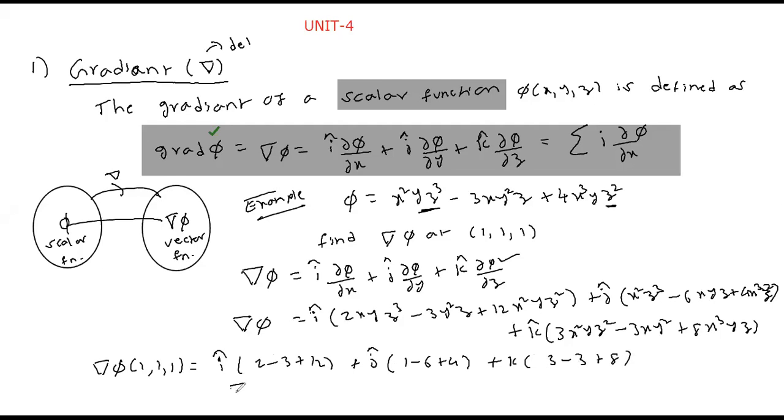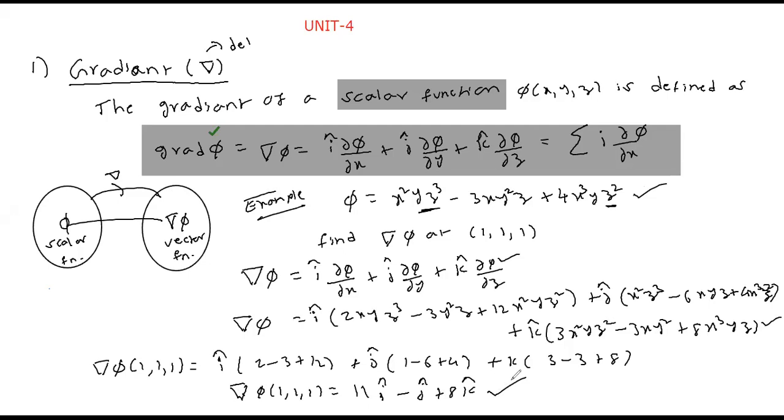So del phi at 1, 1, 1 is 11 i bar minus j bar plus 8 k bar. That is how we find the gradient. Gradient is applied only on a scalar function, the output is a vector function, and substituting a particular point gives a vector.